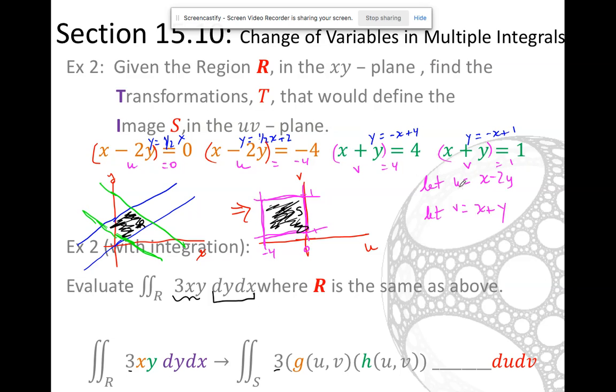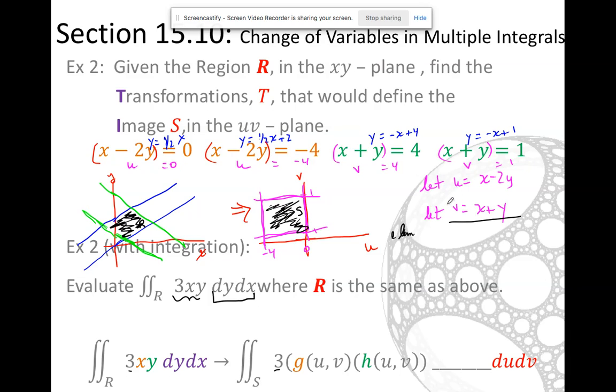Well, I've got u in terms of x and y and v in terms of x and y, so I just need to now get these, right? I need to get x equals in terms of u and v, so get rid of y, and then I need to do the same thing and get rid of x. So let's eliminate y first.